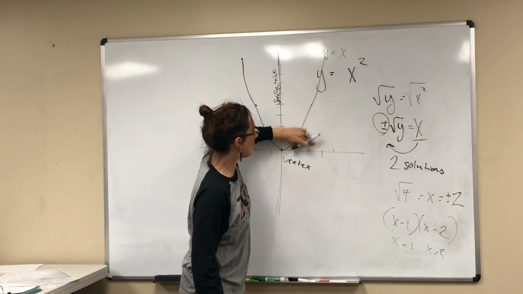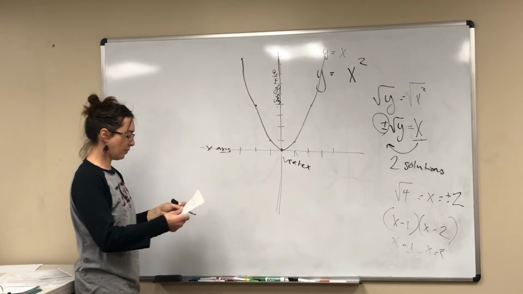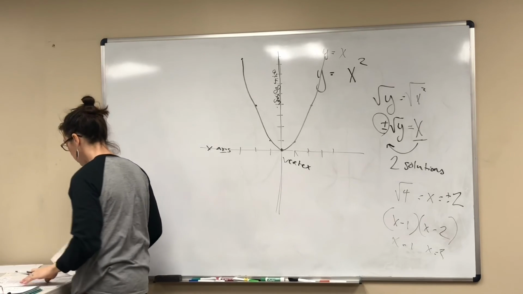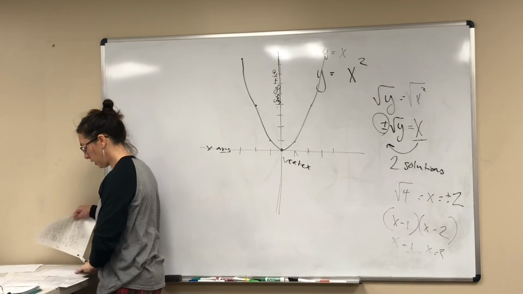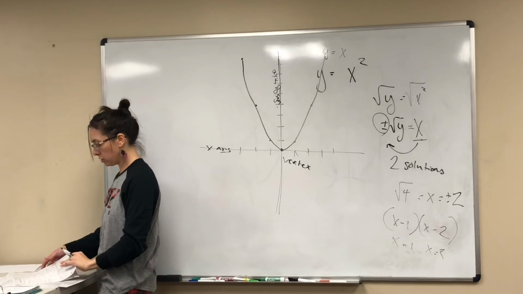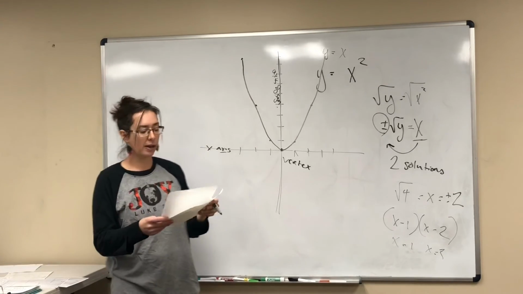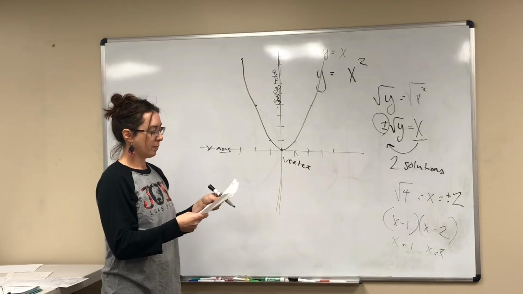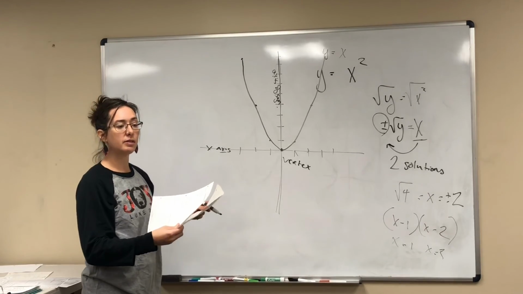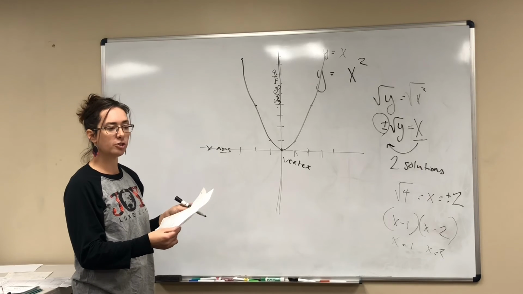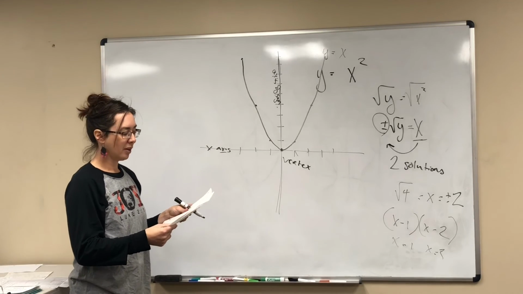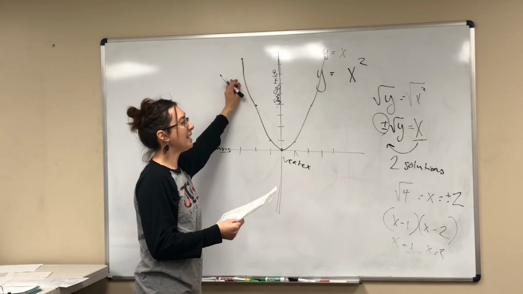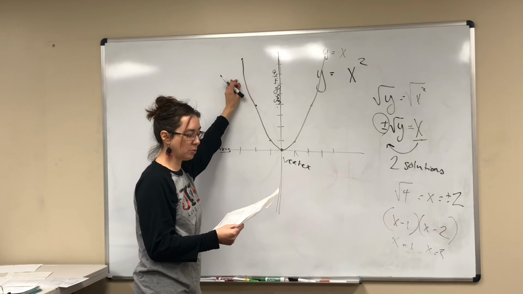So for parabolas, we have 3 different ways, and this is on your graphing quadratic functions notes that I had you print off, so we can fill these in along the way. We're going to kind of do both. A quadratic function is any equation raised to the power of 2, right?